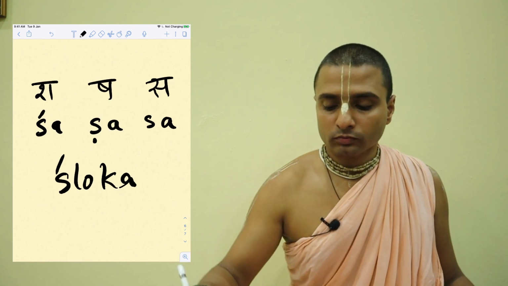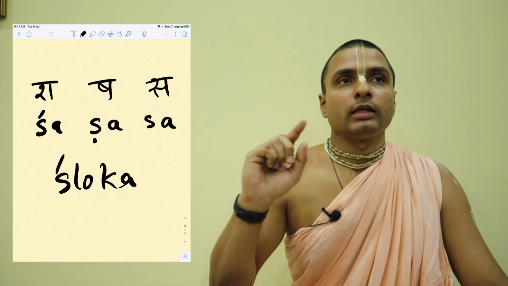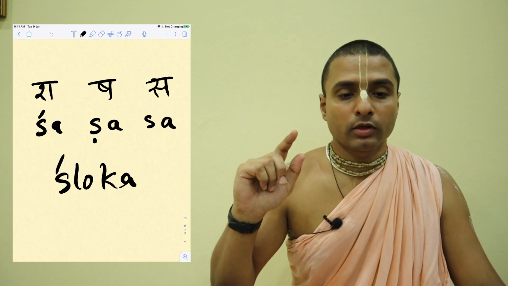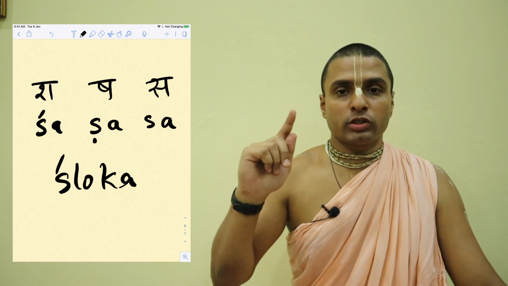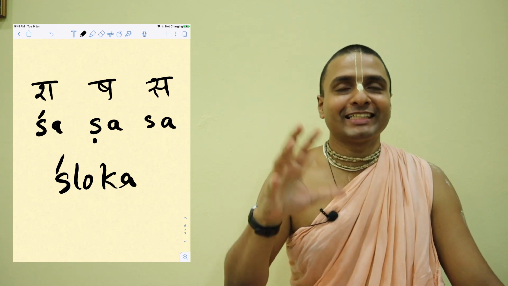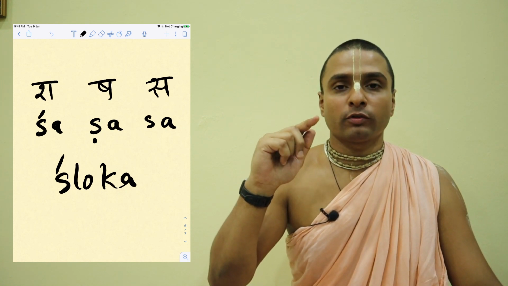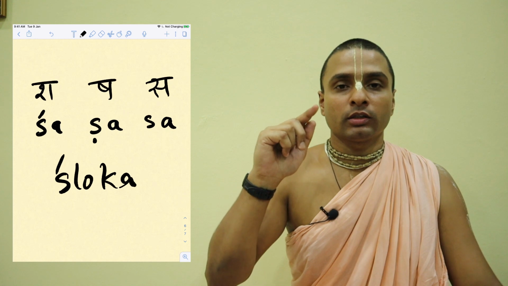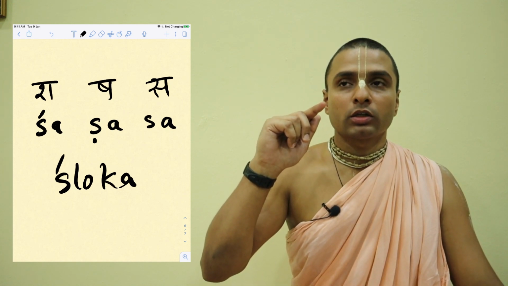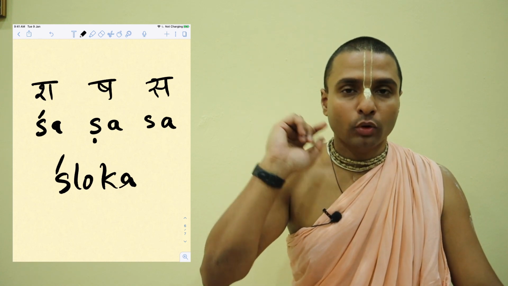So first, sh. Sh is produced when the tongue is at the position of ch. At the same position, sh is produced from that. Ch, the tongue, keep it at the same position, but don't touch it, very close to the top, and force the breath.